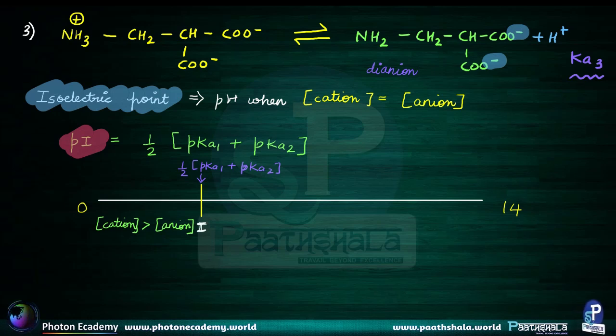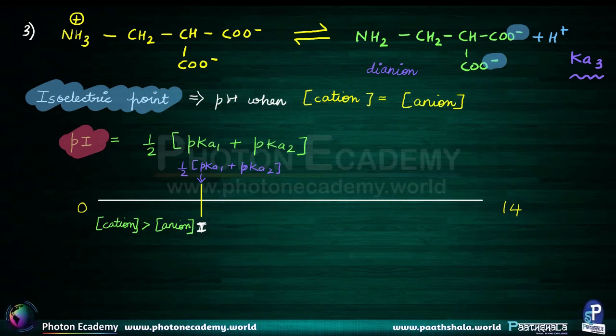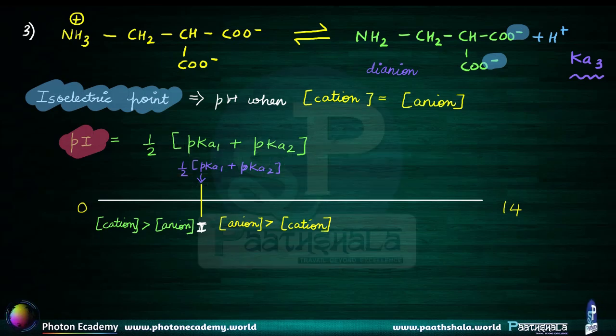Now any concentration which lies on the right hand side, above this isoelectric point, automatically has the anion concentration greater than the cation concentration, because at Pi the cation and the anion concentrations are supposed to be equal. So this is the pH line. Now suppose we have to find the second Pi.